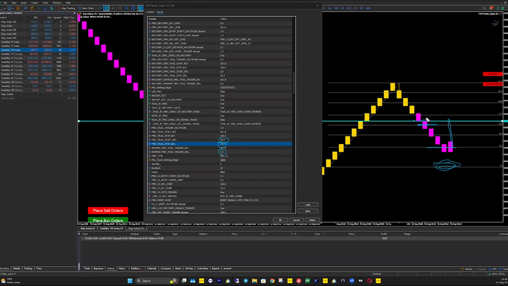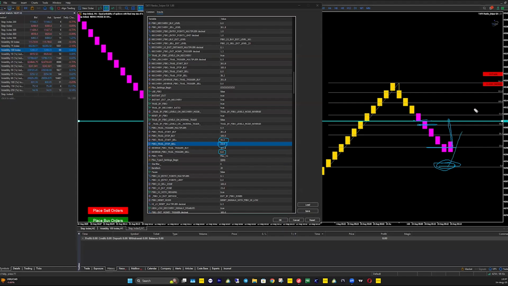And because now we want to bank good money and we want to be safe and guaranteed, that's why our profit SL, whereby it is a trailing stop, should be at level 23.